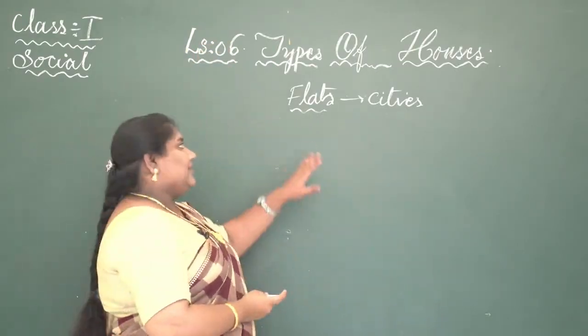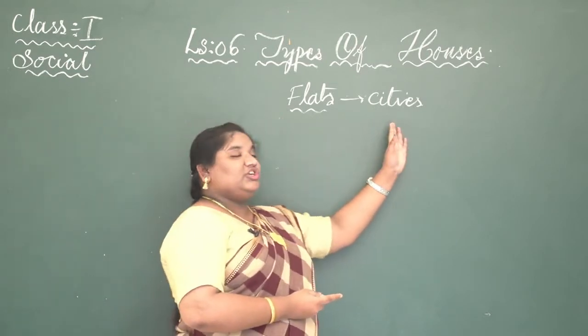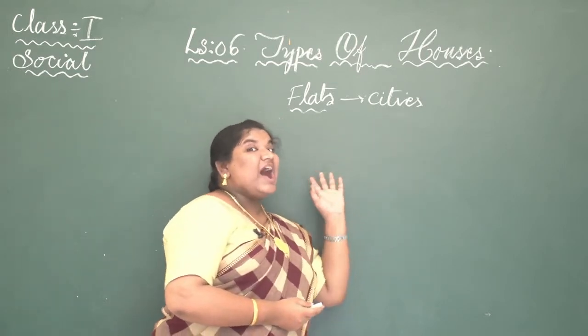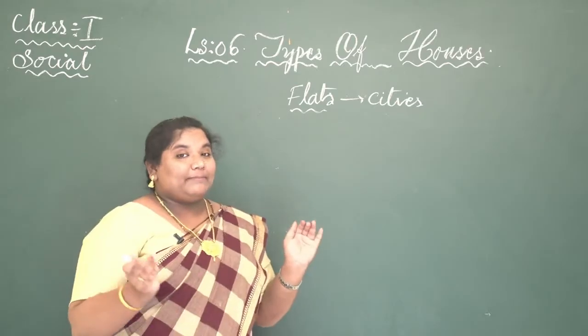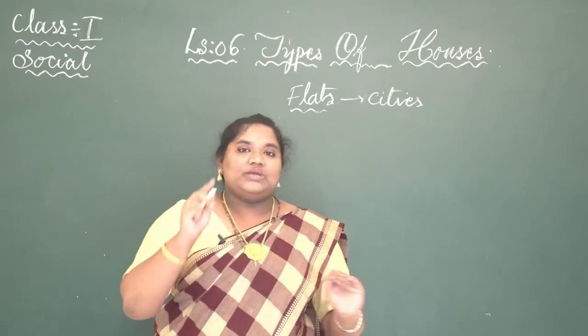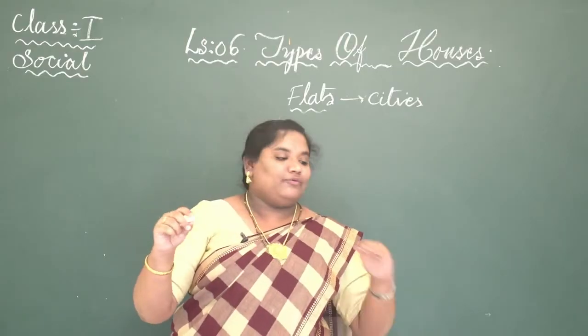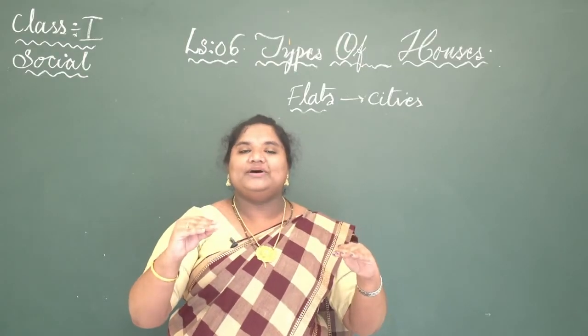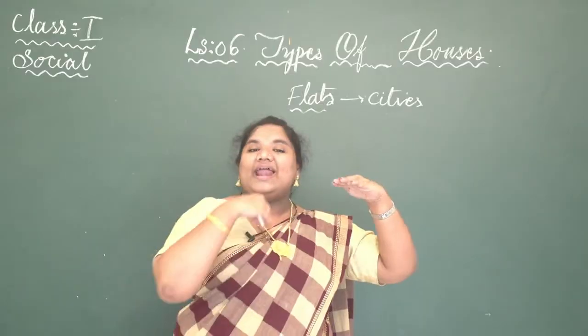So here, the flats constructed in cities are called apartments. We call them apartments. Each apartment is divided into flats, where we give a number. For the first floor, one number is given, and for the second floor another number is given.